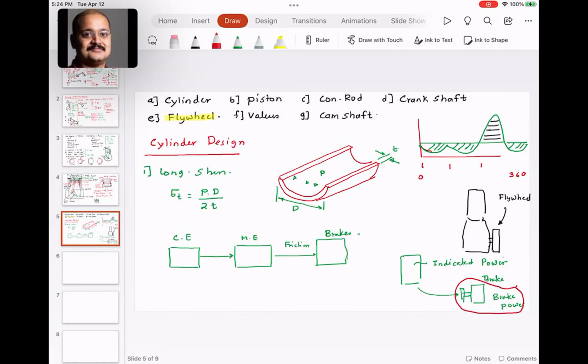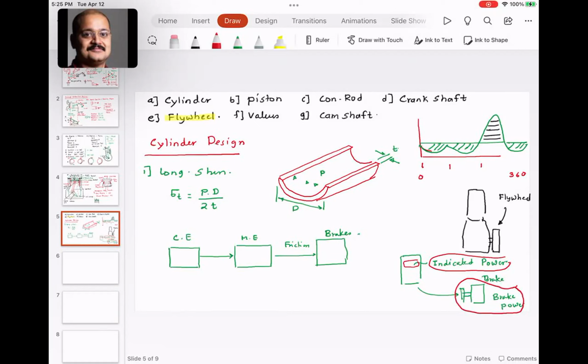But indicated power is the power that needs to be generated inside the piston cylinder assembly. So what it means is that when I design the cylinder and the piston, it should be designed in such a way that it can sustain the pressures and temperatures that are required to develop indicated power.